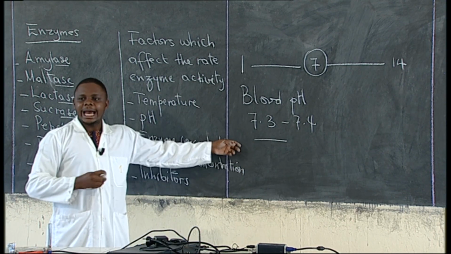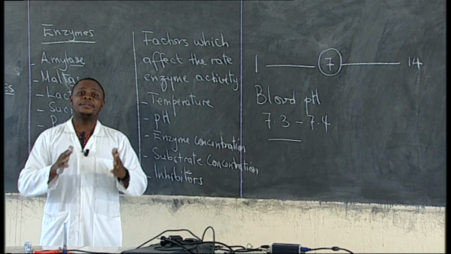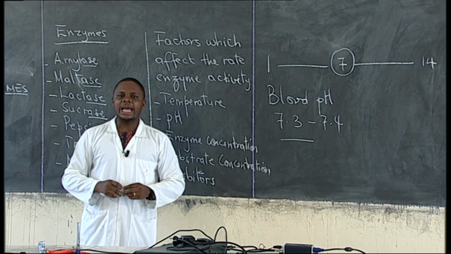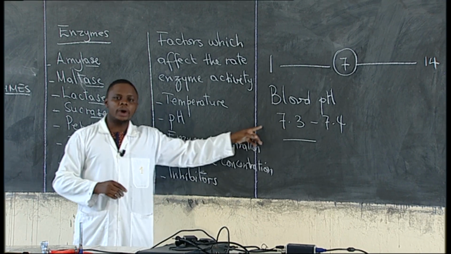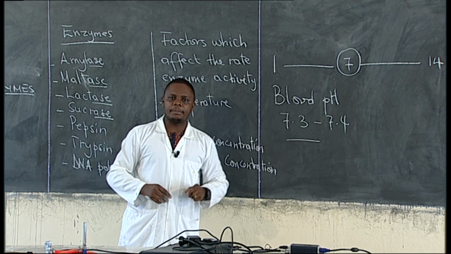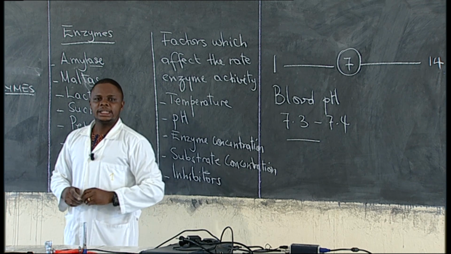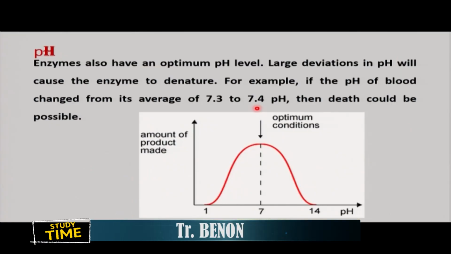So a large deviation, a change from this pH, will affect the physiology of the body. And actually, if it changes too much, from 7.3 going down or from 7.4 going far above, that will change the physiology of our body, and it can lead to death.